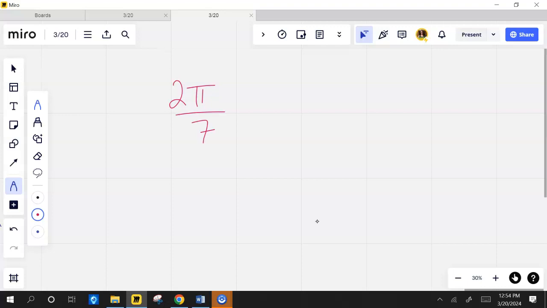But you're adding. It is. That's the way I do it. Because if I'm going to add 2 pi here, that really means I'm adding 14 pi over here.